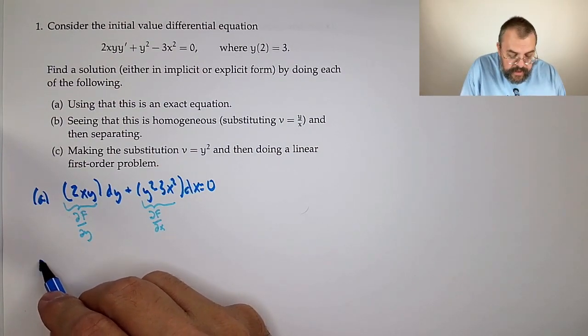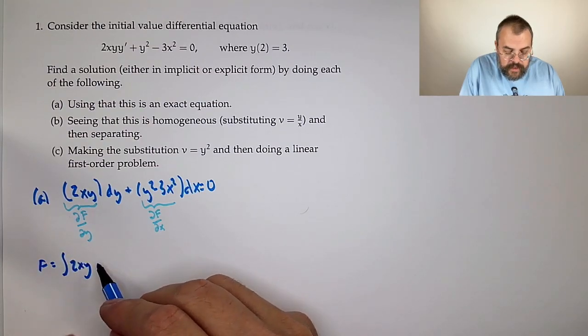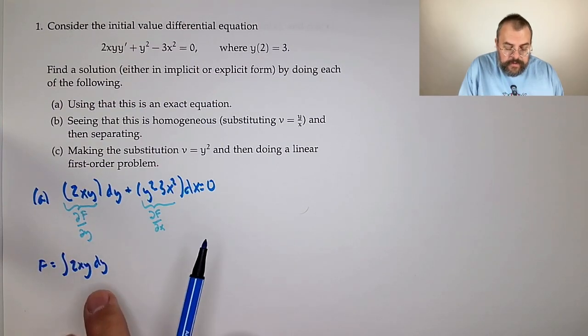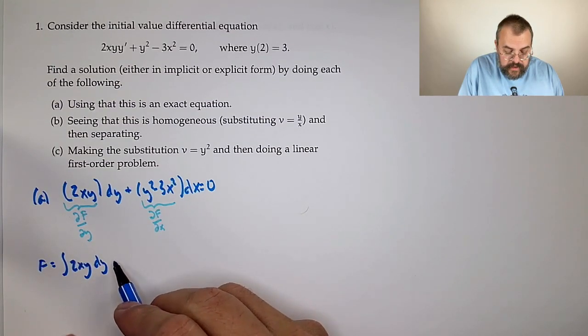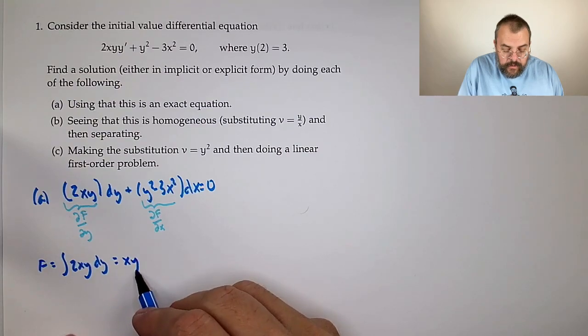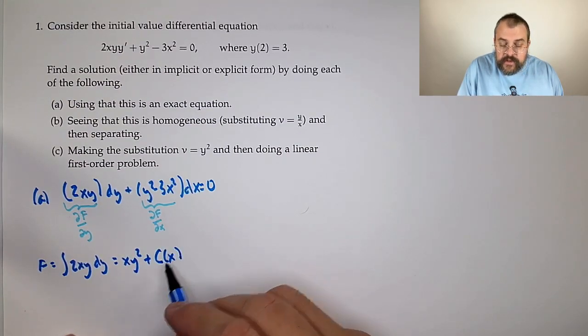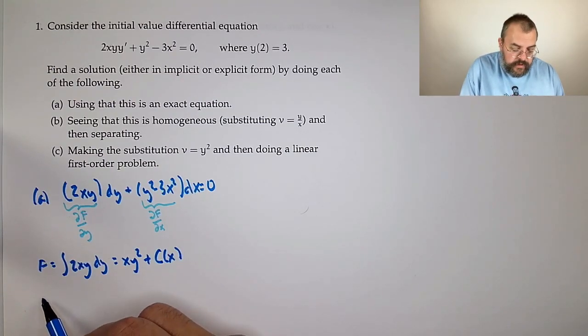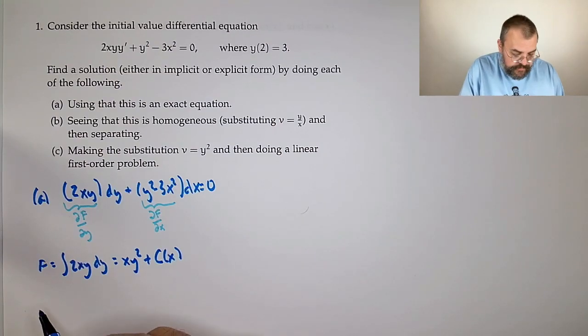Our function is the integral of 2xy dy, which means that we treat y as a variable and x a constant. And so that would be xy squared plus some function of x.